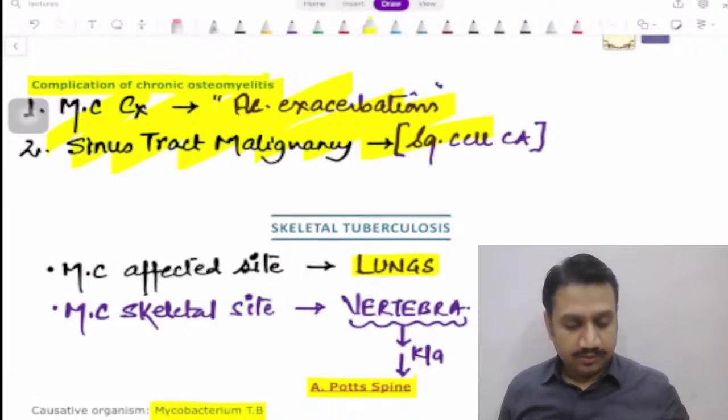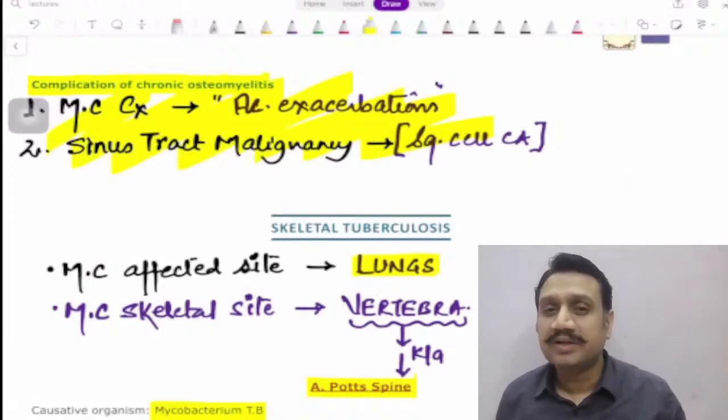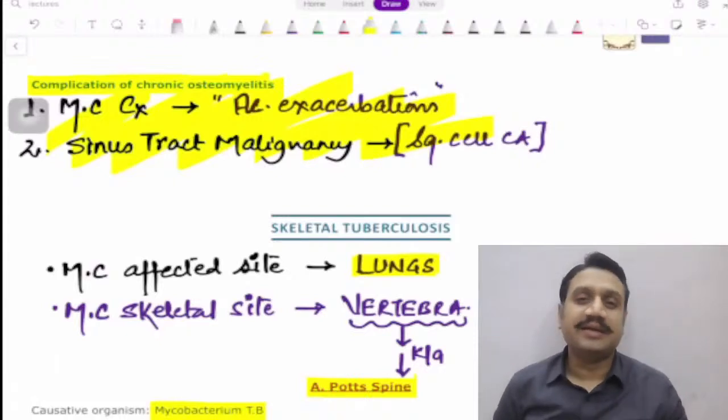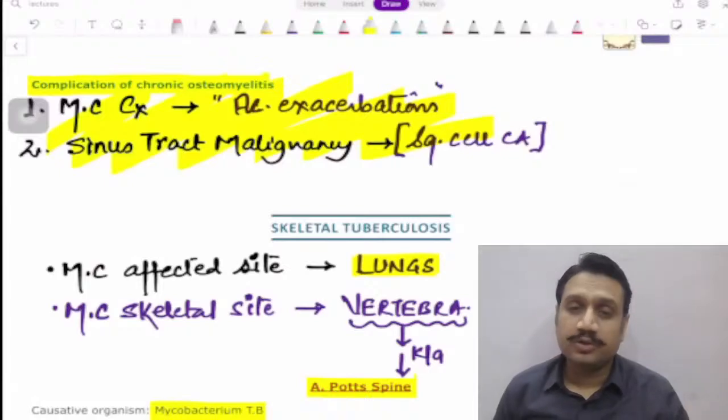So these are two questions which you should not be marking wrong. When they ask the most common complication, acute exacerbations, and the sinus tract malignancy always has to be squamous cell carcinoma.